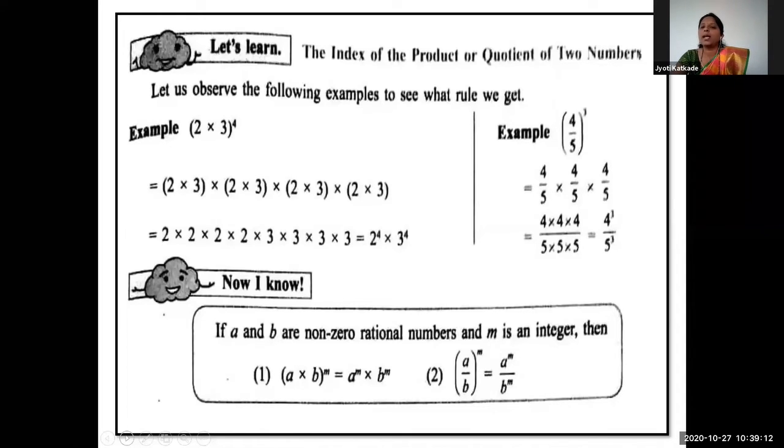There is 3 times multiplication of that bracket because the power is 3. Now you know if a fraction is given, then multiply numerator with numerator and denominator with denominator. So take 4 into 4 into 4, 3 times. In the denominator, take the multiplication of 5, 3 times: 5 into 5 into 5.